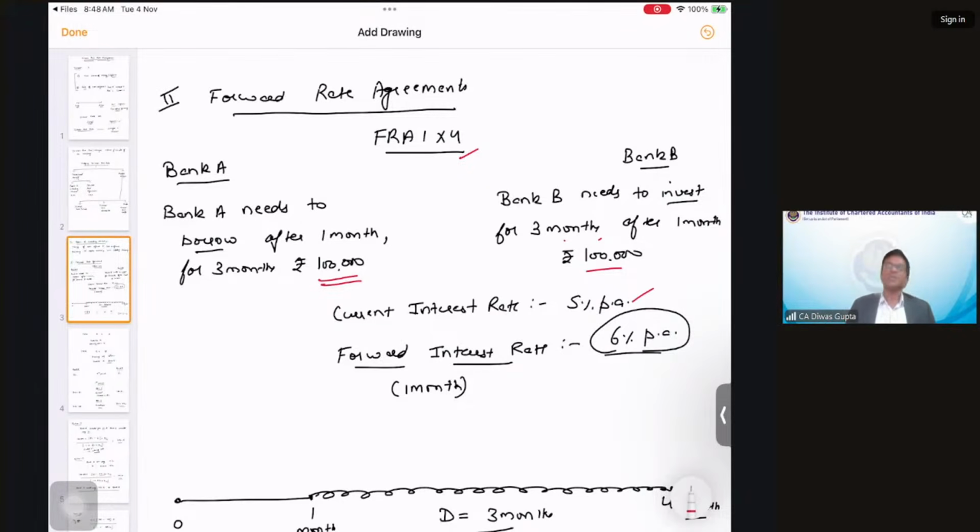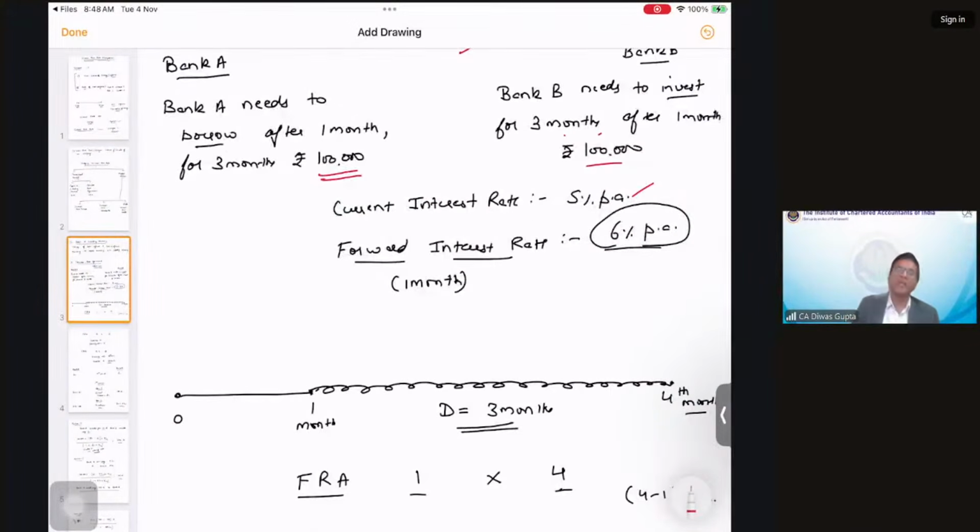The current interest rate is 5% per annum. Think of it from Bank A's perspective. If the interest rate is going to go high, that means Bank A will be in a difficult situation. So Bank A says to Bank B, after 1 month, I will borrow 1 lakh from you at the rate of 6% per annum. Whatever interest rate appears in the market on that date, I will ignore that and I will just pay you 6% per annum for those 3 months of borrowing.